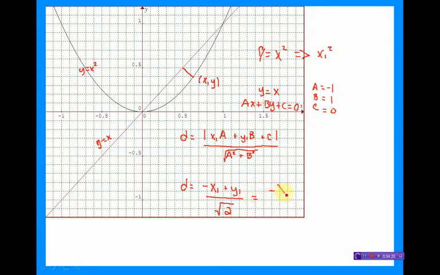So I can rewrite this as negative x1 plus x1 squared all over the square root of 2.